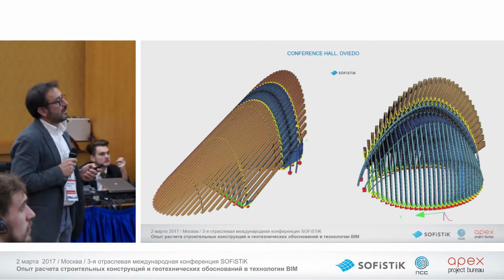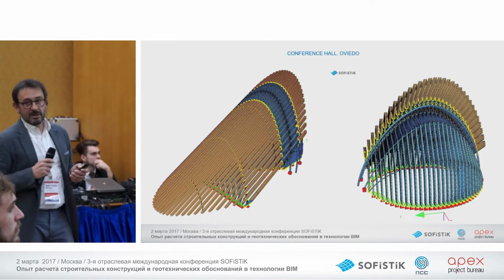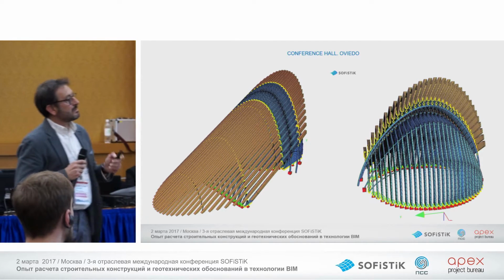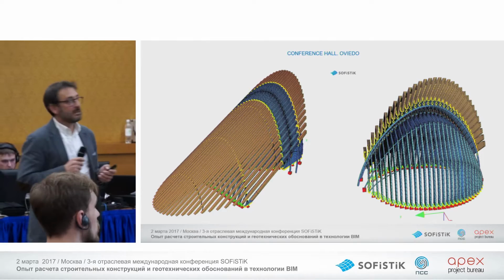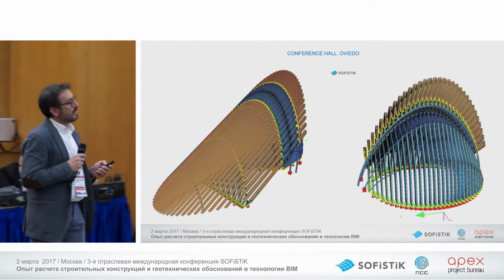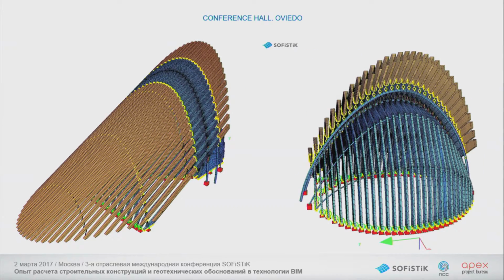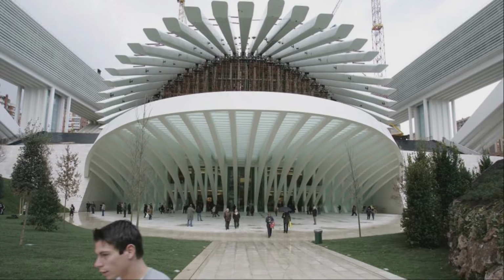This is a structure from Calatrava, a very famous Spanish architect. It's a strange thing too. It's 60 meters in cantilever, metallic pieces. It's a strange structure. This is the real structure built. We have participated in that structure, making a report about the behavior of the roof. You can see the building at the left and right.